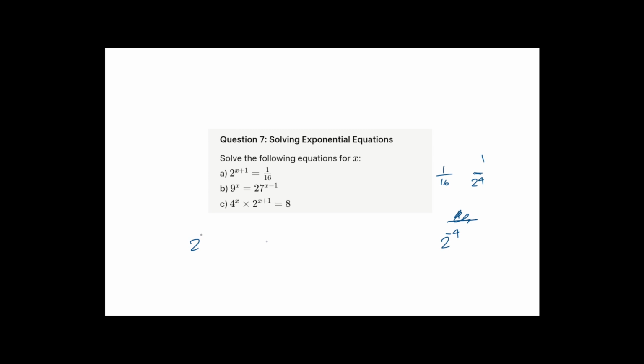Okay, so 2 to the power of x plus 1 equals 2 to the power of minus 4. That's what 1 over 16 is.